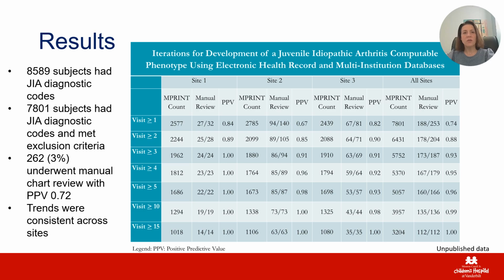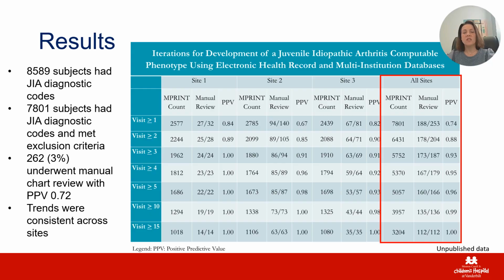The results are shown here. So there are 3 sites, with the last being all sites combined. What we found was 8,589 subjects that had JIA diagnostic codes. 7,800 of these subjects had diagnostic codes and also met exclusion criteria.